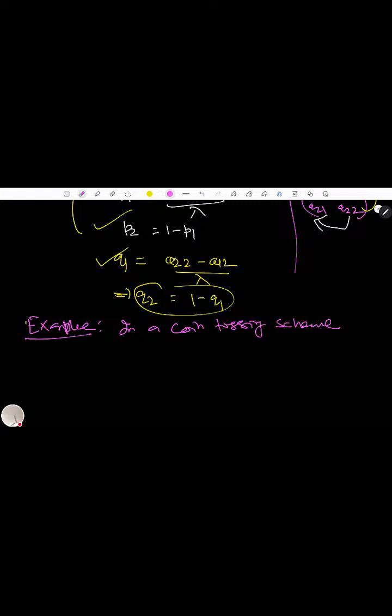Right. Players A and B match 2 coins. If the coins match, A wins half a unit.